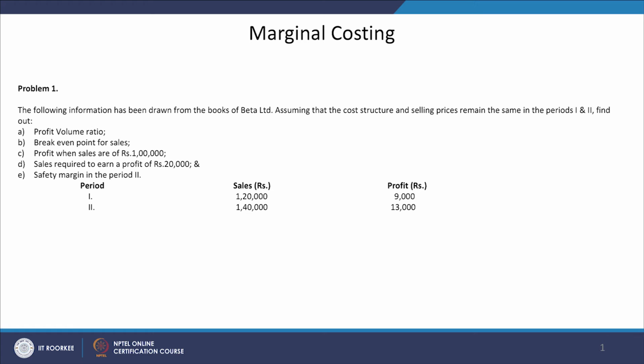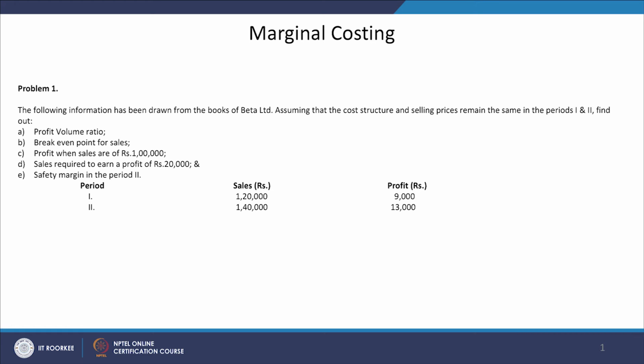Then D, the sales required to earn a profit of rupees 20,000, and lastly the margin of safety in period 2, right. So, we will have to work out these 5 things from this information.